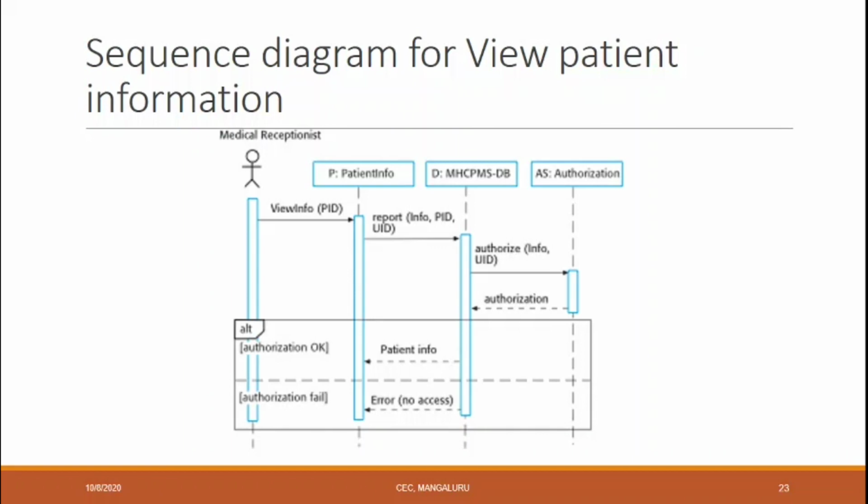This is what we call a sequence diagram. The use case diagram gives just general information, whereas the sequence diagram gives entire detailed information of the system. This is one example of a sequence diagram.